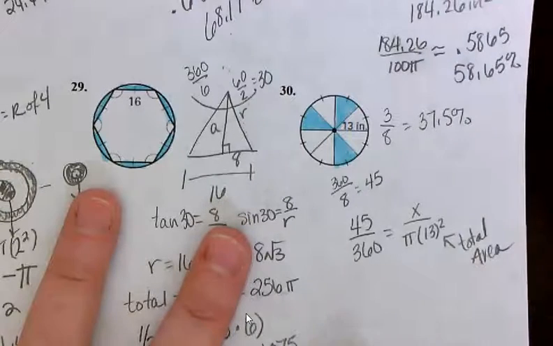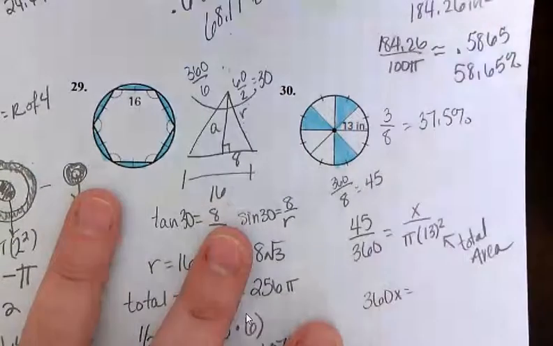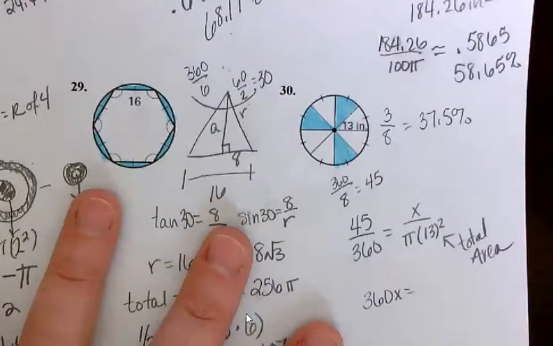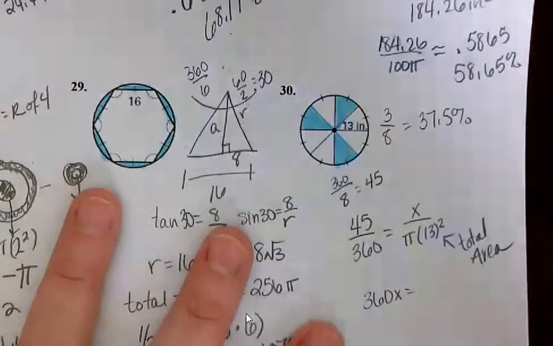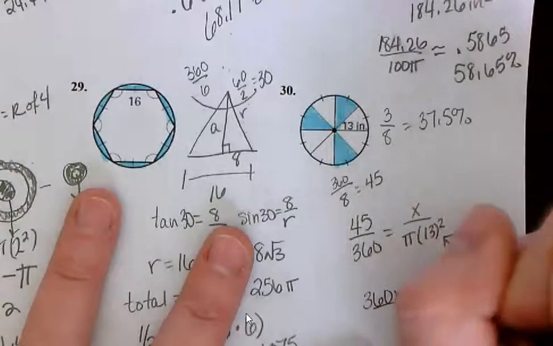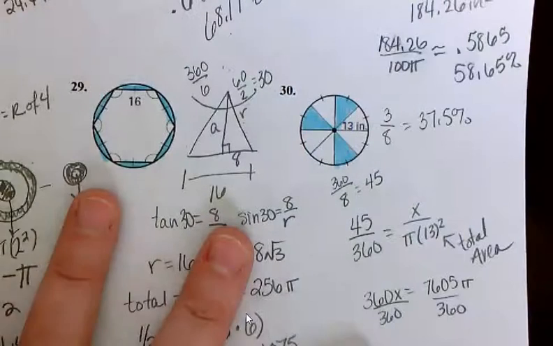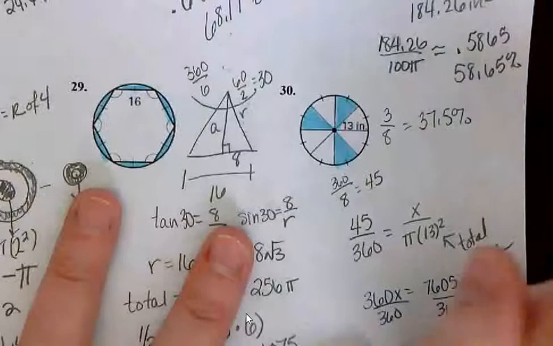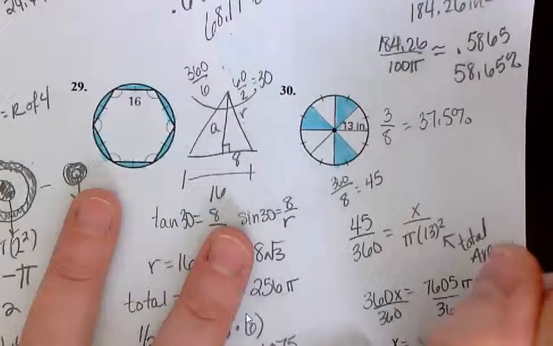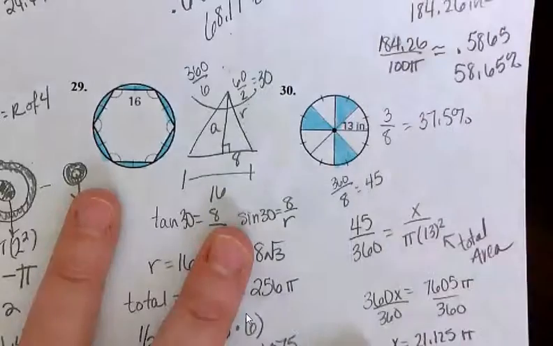Okay, so 360x equals 45 times 169, 706.05 pi. I'm going to divide both sides by 360. I get x equals 21.125 pi.